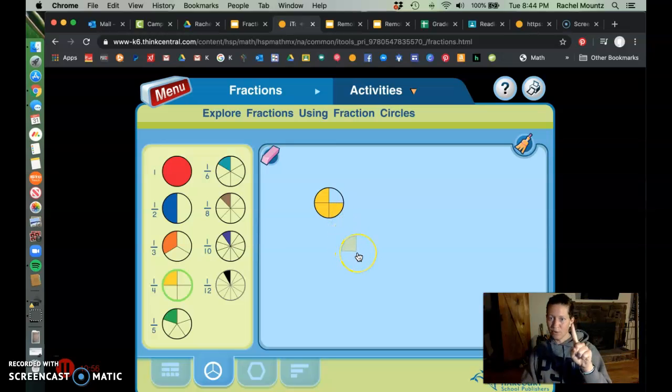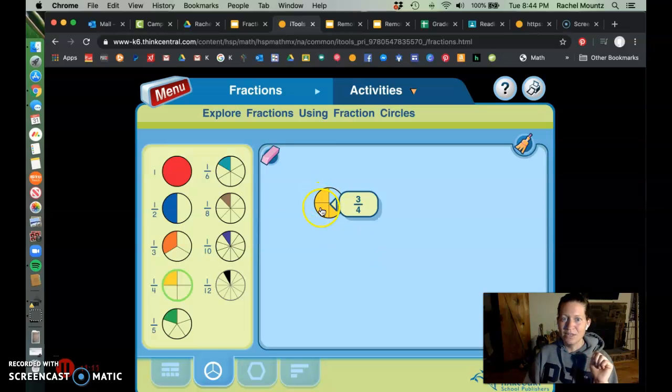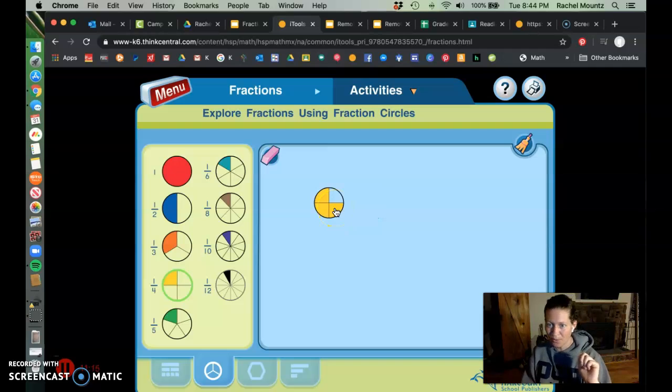So that was 1/4 plus 1/4 plus 1/4. How many fourths do I have? 3/4. I have 3 pieces, and they are all these little yellow fourths. Each piece is a fourth of the whole.